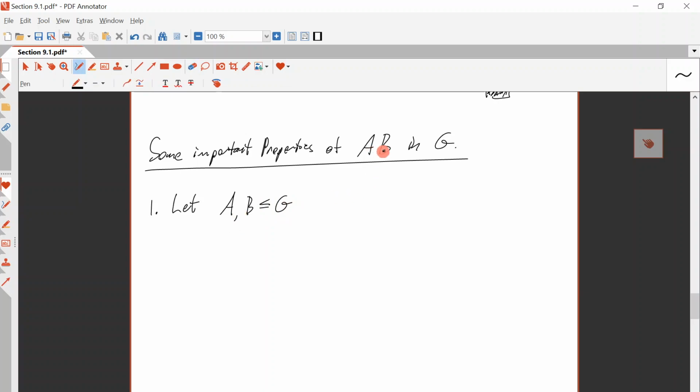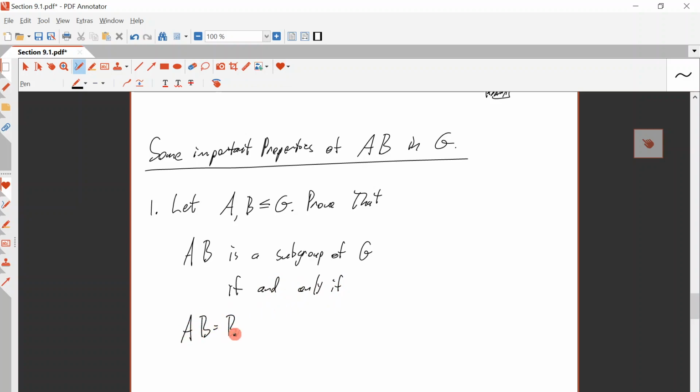So we've talked about when the product of the two A and B is also a subgroup of G. When G was abelian, right? When B was normal or when A was normal, then the product was a subgroup. But there's a more general statement, and that's as follows. Prove the following. AB is a subgroup of G if and only if AB is equal to BA.